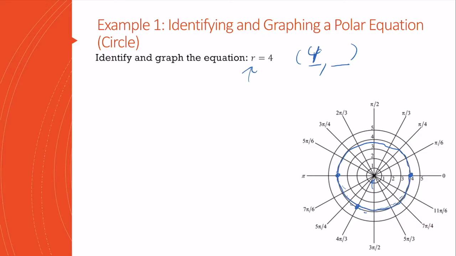So this graph is going to look like a circle. How do I convert r equals 4 to rectangular coordinates? Let's square both sides. r squared is 16. r squared is x squared plus y squared, so I have x squared plus y squared equals 16. So if I have r equals something, I'm going to get a circle.